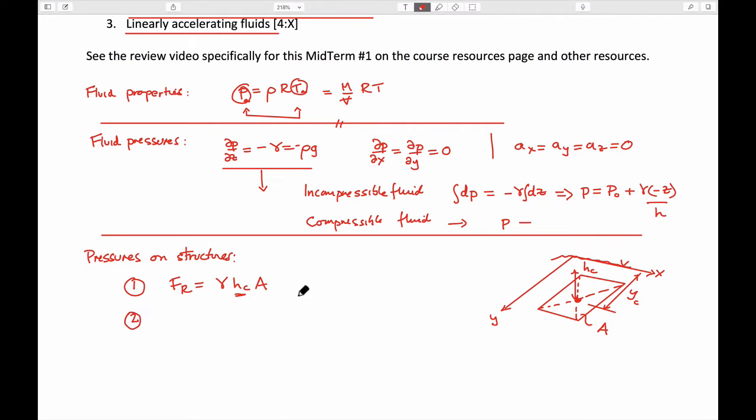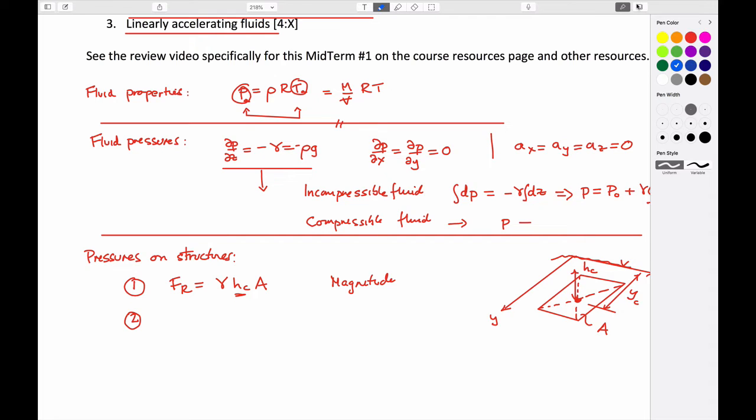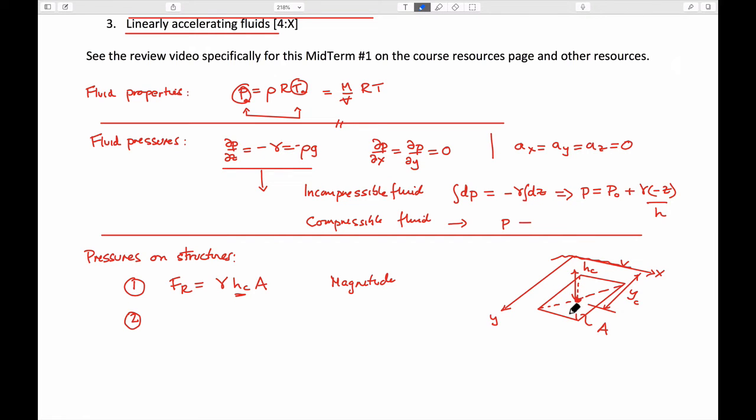If we want to know, so this is magnitude. If we want to know where it acts, we have two possible ways of doing that. Let me do this just to make it a bit clearer. The force acts at the depth, the y-coordinate, the resultant acts at this location here, which is the location of the resultant force.